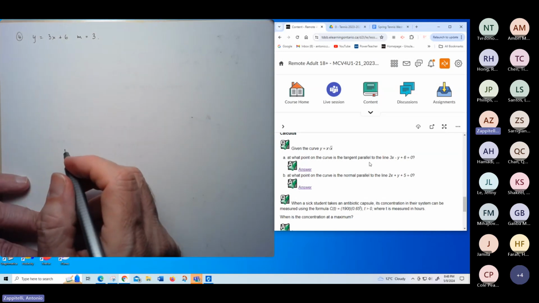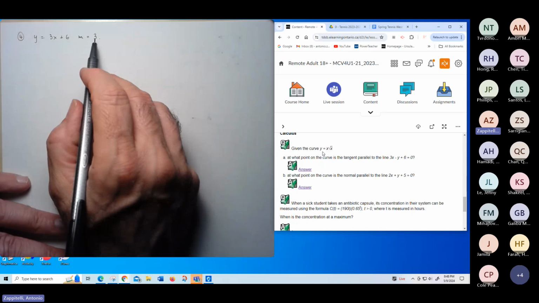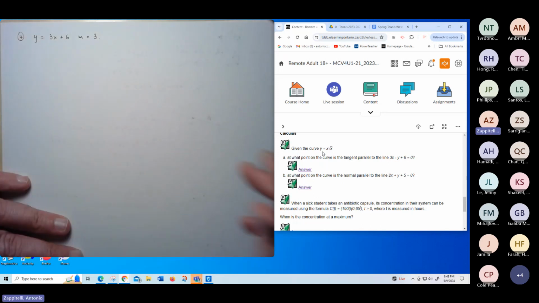But of course, how do we find the slope of a tangent to a curve? We're going to use the derivative. So essentially what we need to do is figure out when the derivative is equal to 3. Now, I notice it says at what point. To save time, I'm going to find the x values, then you can stick them back into the original equation.